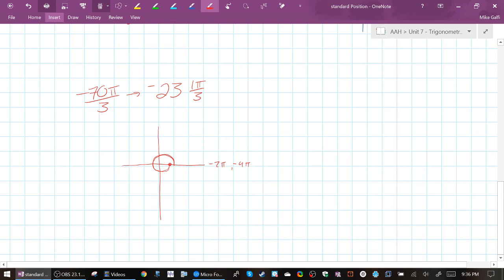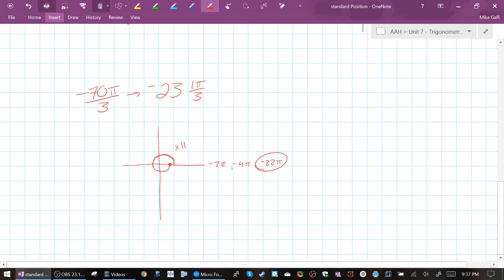So if I go around 11 times, each rotation is 2 pi, that would put me at negative 22 pi. So I'm here after 11 full rotations at negative 22 pi. I actually want to get to negative 23 pi.